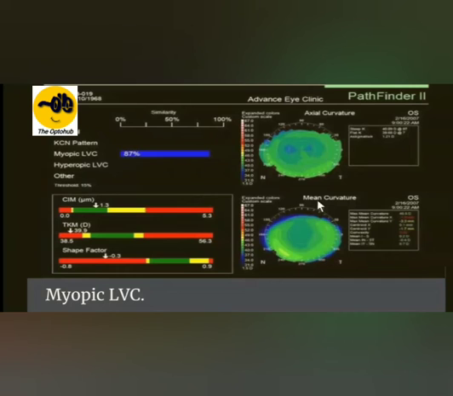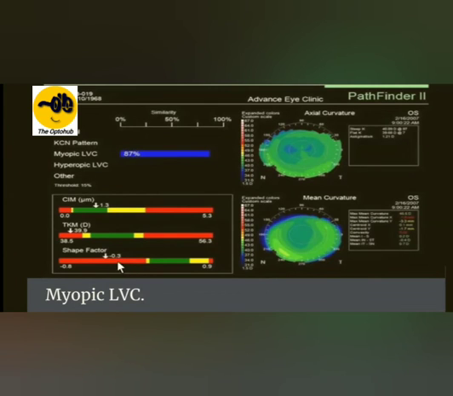On the mean curvature map, if you can see over here, there is not much of normal area, whereas it's a little bit on the cooler side. That means this area is flatter and this area is a little bit steeper. Whereas on the other hand, if you look at the CIM, TKM and shape factor, the TKM and shape factor are falling in the red regions. But that does not mean that this cornea is irregular or abnormal.